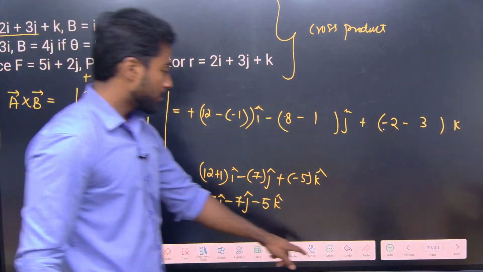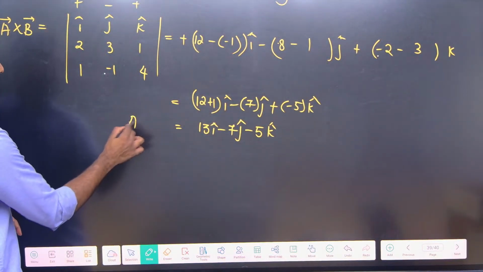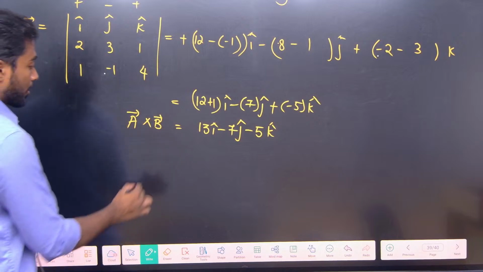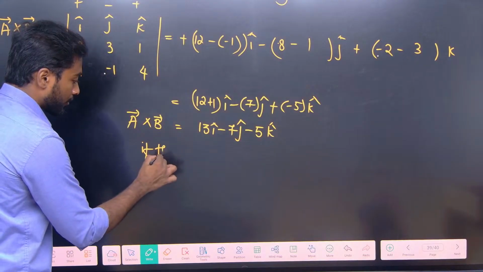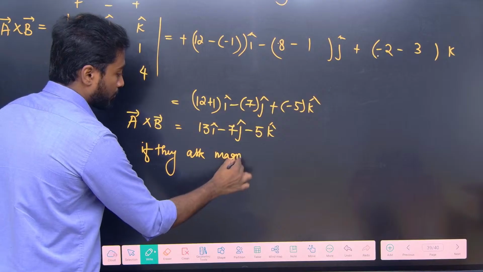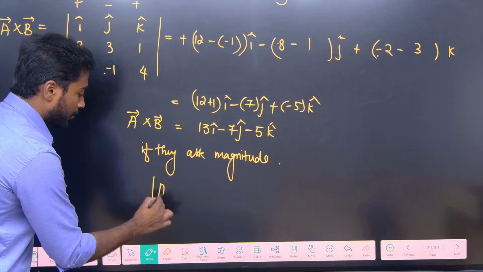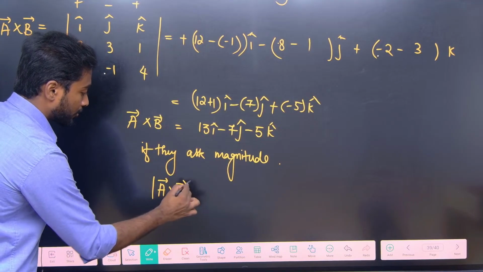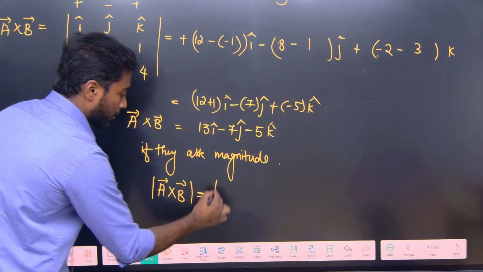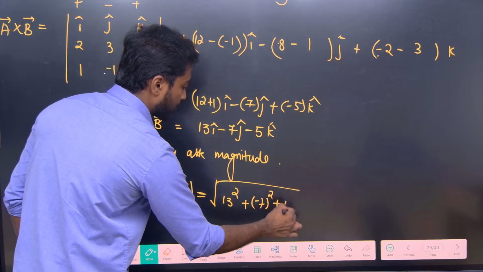Okay, this is the answer. So this is my final answer for the given question A cross B. If they ask for the magnitude, what should I do? Take the modulus of A cross B, which will be root of 13 square plus minus 7 square plus minus 5 square.